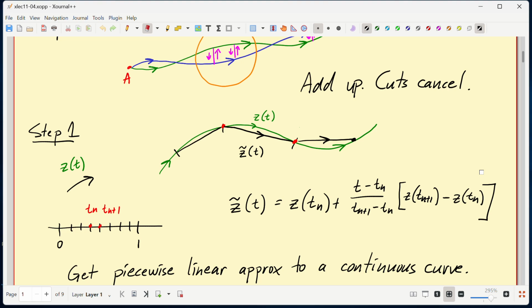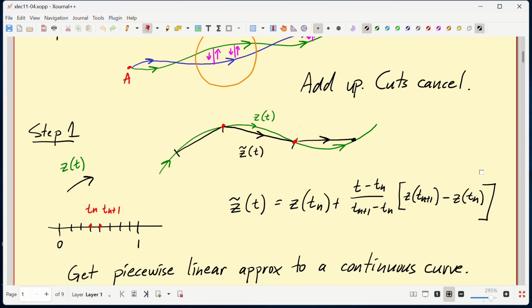So that's a linear thing that does what I want it to do. Follows those little black chords. And they hook up. So that thing would be continuous, and it's piecewise C1, so it has kinks, but no jumps.